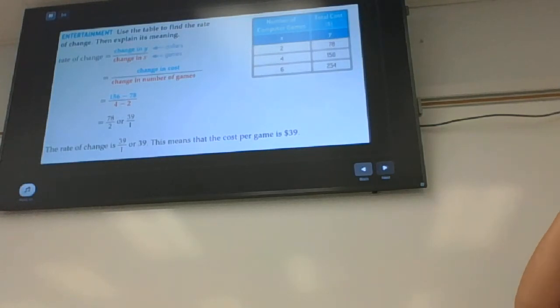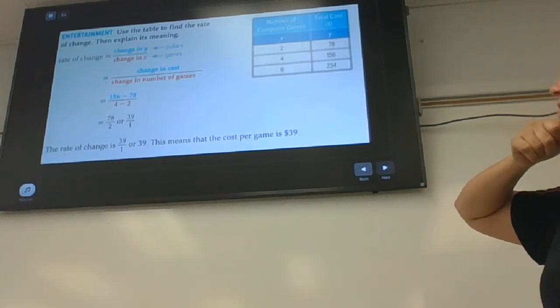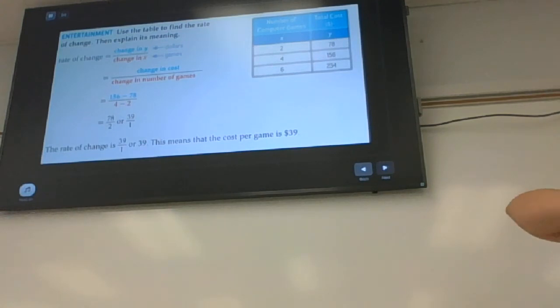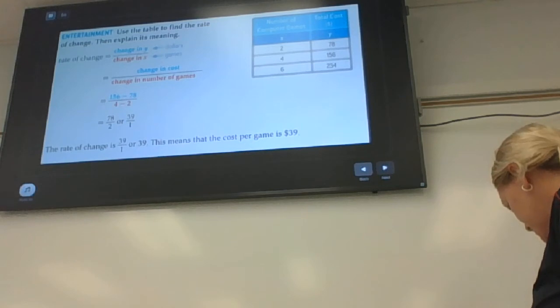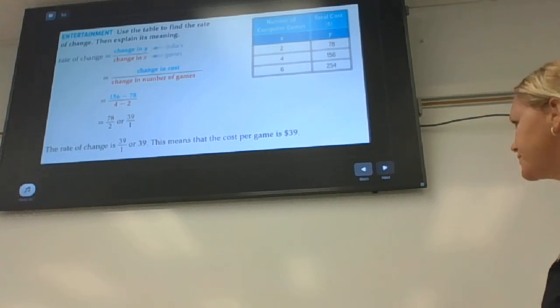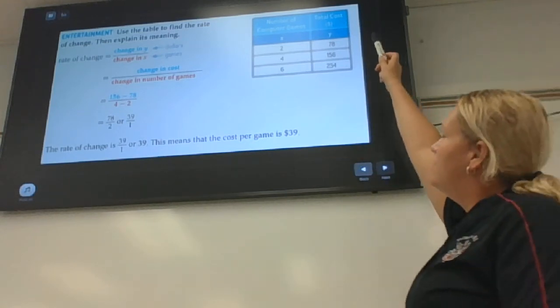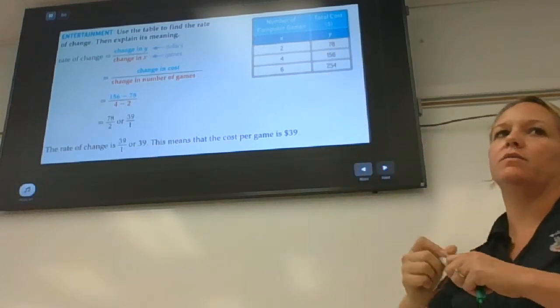So look at this table. It's about entertainment. Use the table to find the rate of change, then explain its meaning. So you guys just look at the table like you just did. How much changes between 78 and 156?